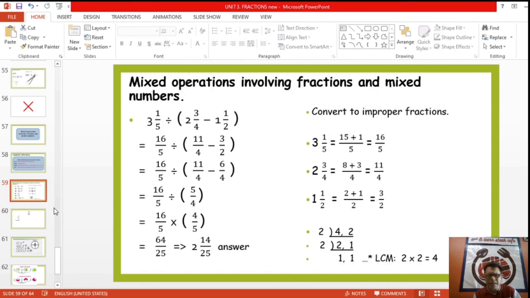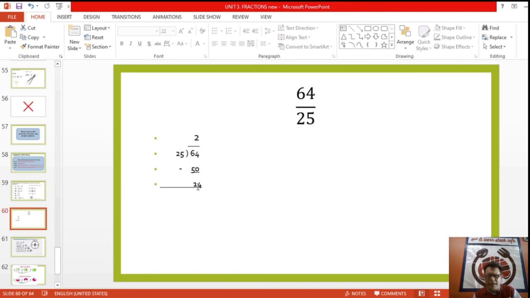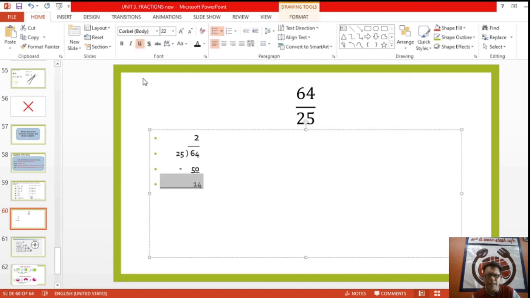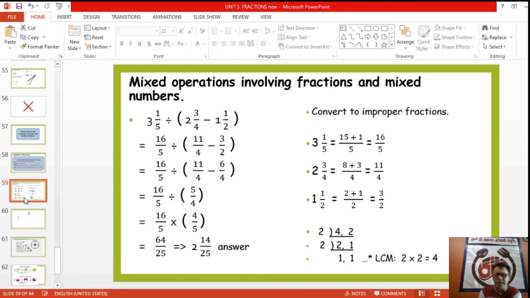And then the remainder, which is 14, becomes your numerator, and of course the divisor is the denominator. So that's how you get the answer, and that is the final answer.